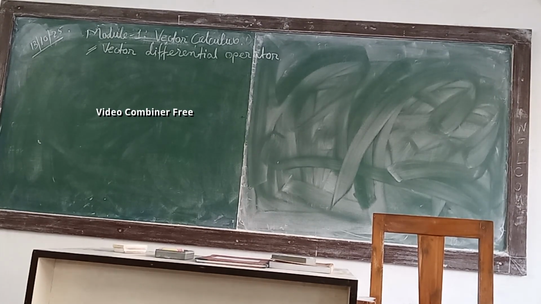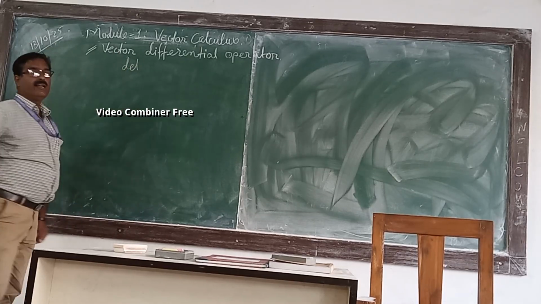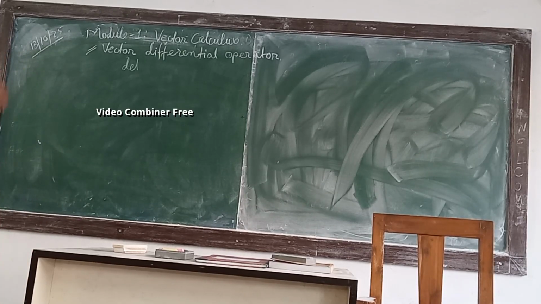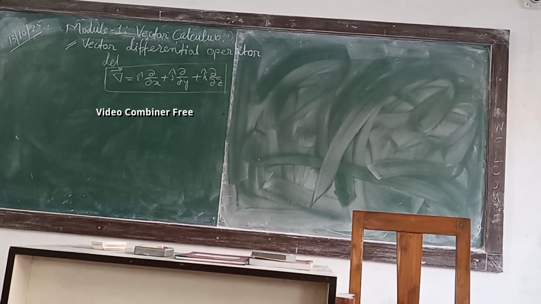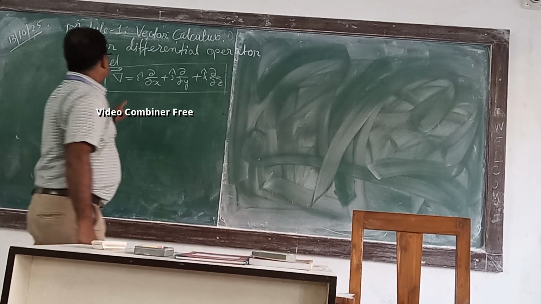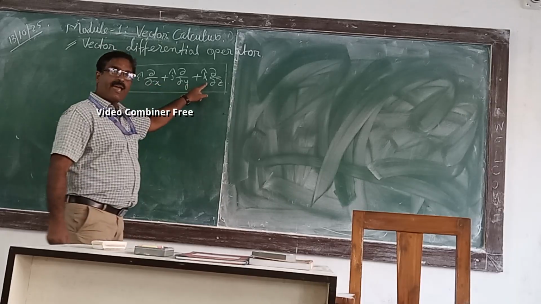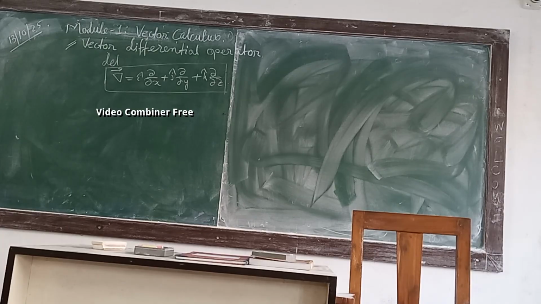The vector differential operator is del. With i cap, j cap and k cap, it is i del/del x plus j del/del y plus k del/del z. It is called the vector differential operator and it is denoted by del.